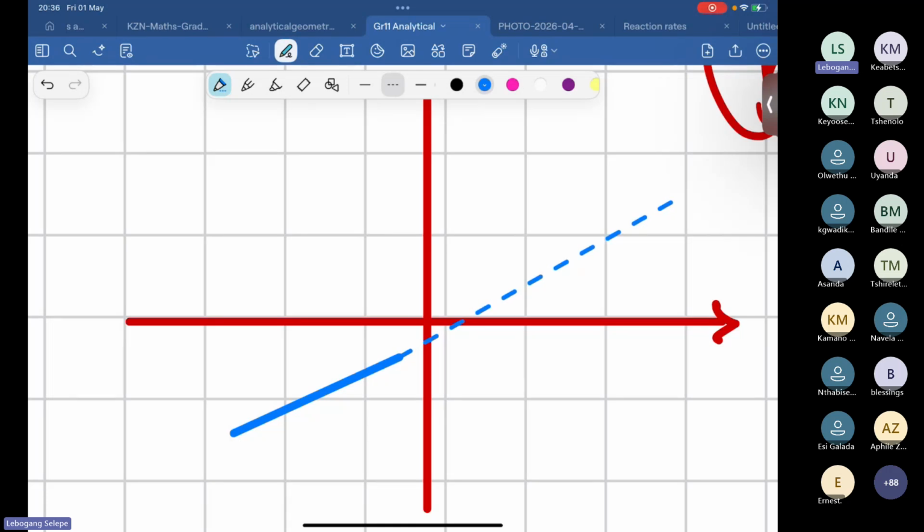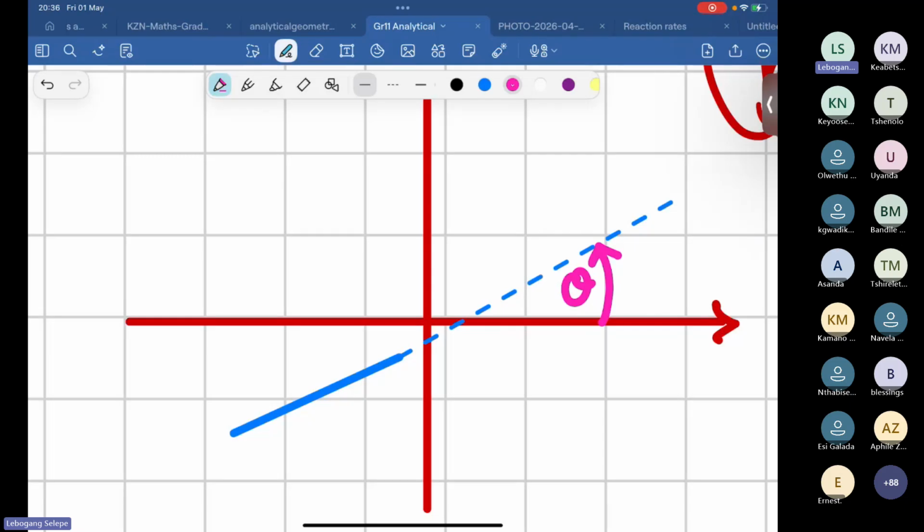That is going to be a continuation of that line so that you can apply the principle that when we talk about the angle of inclination, we talk about an angle between the positive x-axis in an anti-clockwise direction to the line segment like this. So this would be an angle of inclination theta.